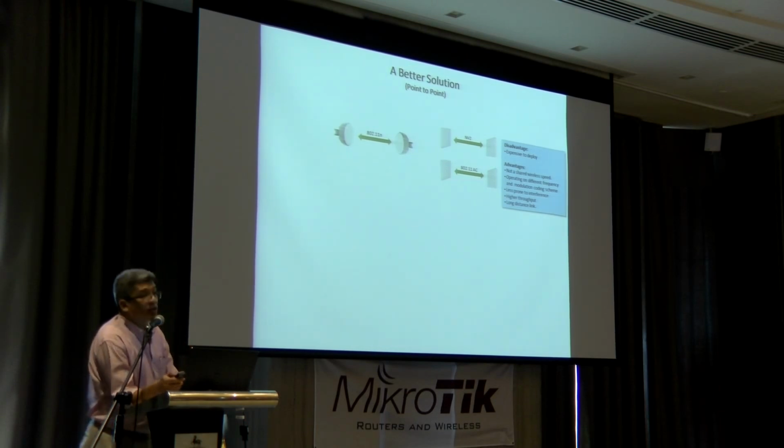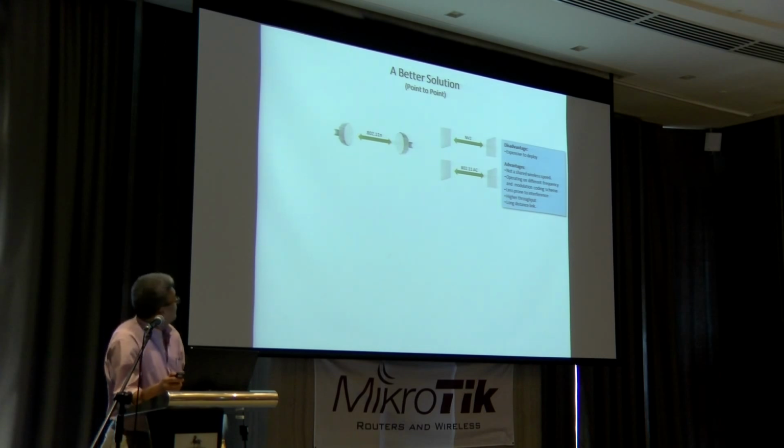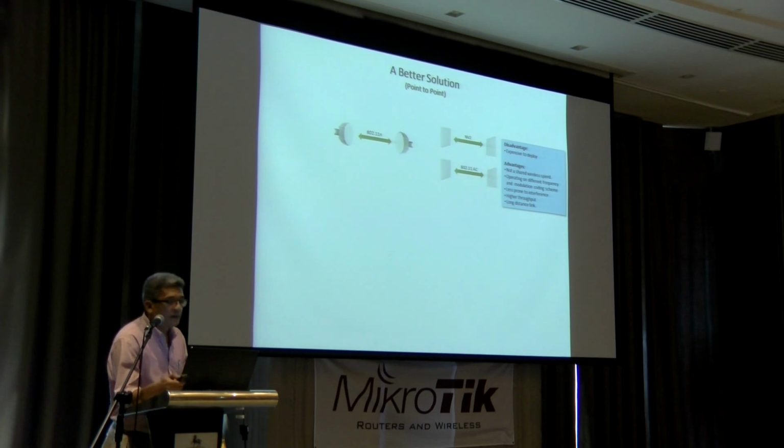It's not on a shared wireless speed. You can have each point operating on a different frequency and a different modulation coding scheme. It is less prone to interference and has higher throughput. And of course, long distance links.